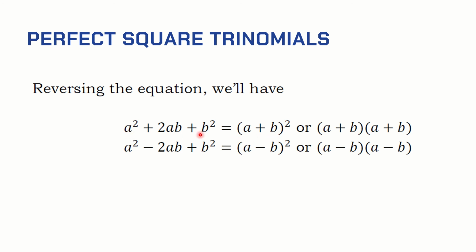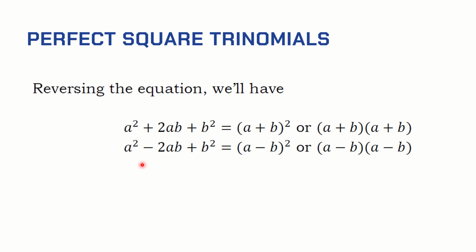So, pag i-factor na to ang trinomial nga a squared plus 2ab plus b squared, ang answer ana is always square of binomial. That's why, factor na to a plus b squared, or in expanded form, a plus b multiplied by a plus b. So, always remember, basta perfect square trinomial, ang iyahang factor ana is the square of binomial.